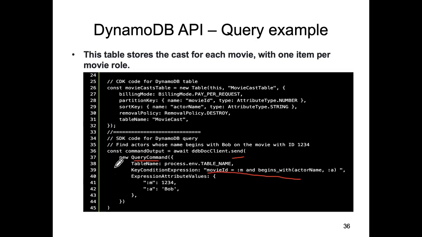So that's an example of a query request to our table. As we said a few slides back, you can only perform query requests on tables that have a composite primary key, which our movies cast table does.